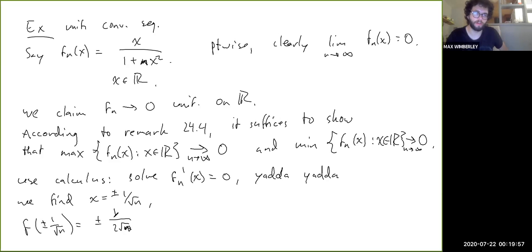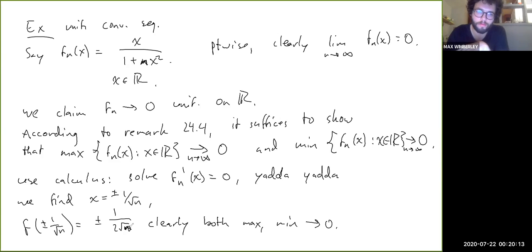So plus 1 over square root of n gives plus 1 over 2 square root of n, and minus 1 over square root of n gives minus 1 over 2 square root of n. So clearly both max and min go to 0, which shows that it converges uniformly.